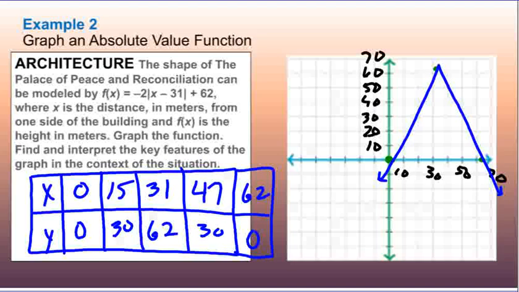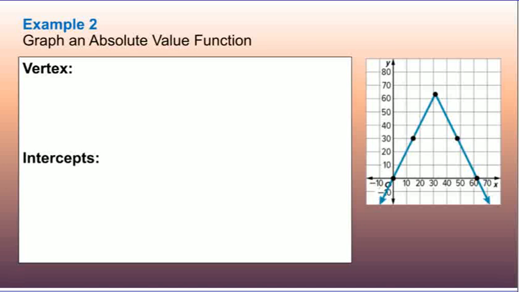Now the next thing we need to do is interpret the key features of the graph. So on this next slide, I have our graph listed here, which is similar to what we drew, and we need to identify the vertex. And the vertex we said was (31, 62). And we need to interpret what does that mean. So that means the maximum height of the building is 62 meters when the distance from one side is 31 meters.